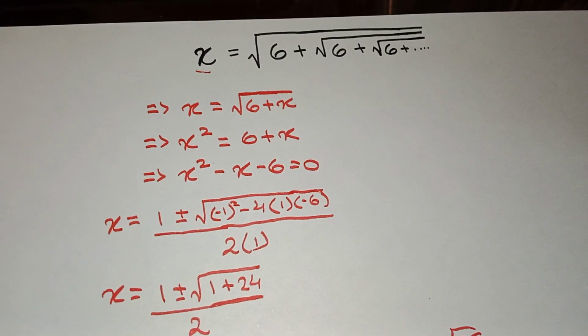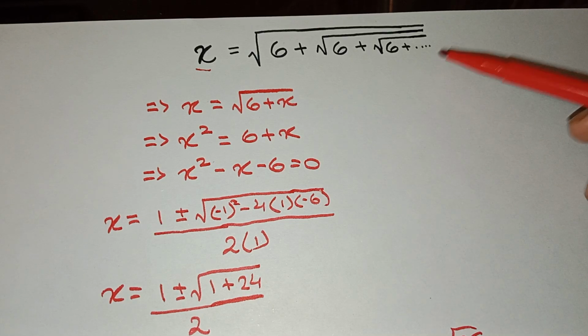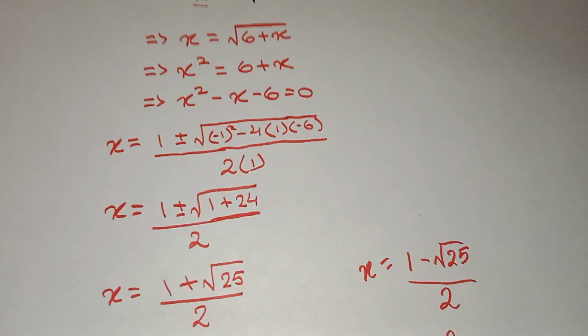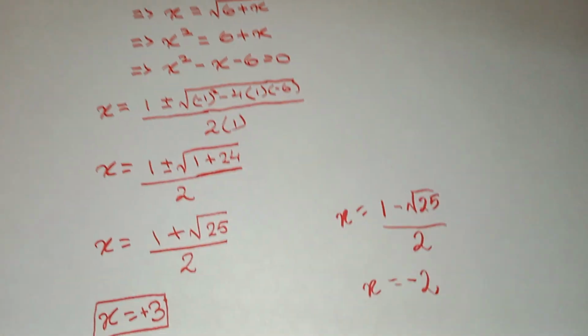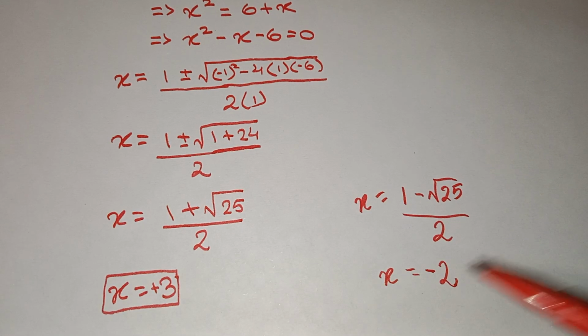If this type of question comes, where x equals a radical continuing infinitely, like this question, in your paper, then in the end you can easily get two answers, but you will fail to decide the correct one.